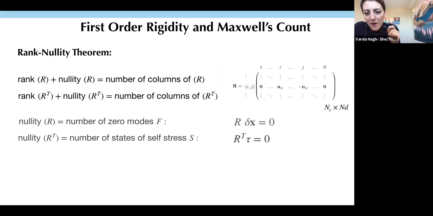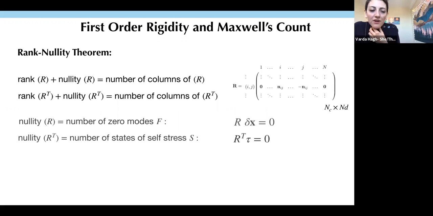Because if you remember from R delta X equals delta L, zero modes are those motions of the particles or the nodes that give us zero changes in the bond length or zero changes in the overlaps, and so cost no energy. Because again, energy is usually proportional to either the square or some nonlinear function of this change in the bond length or the overlap of the two particles.